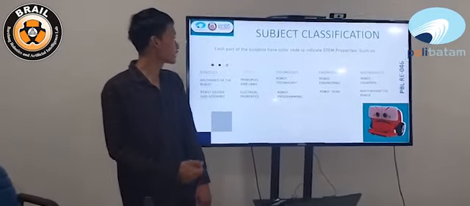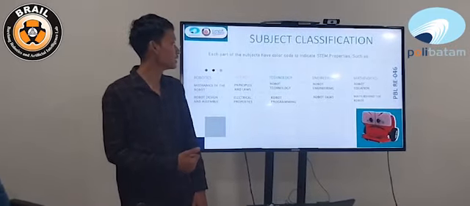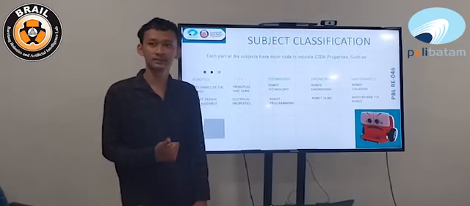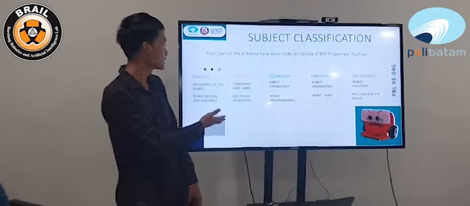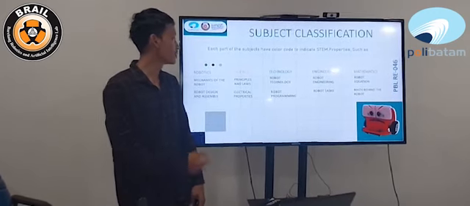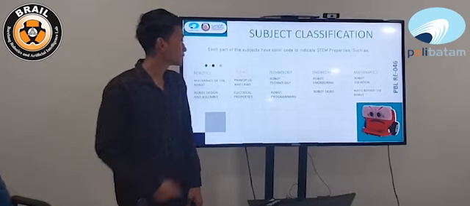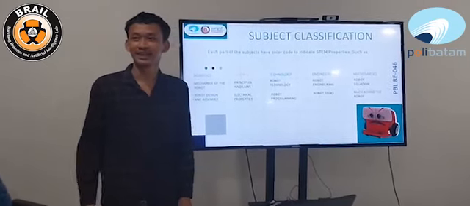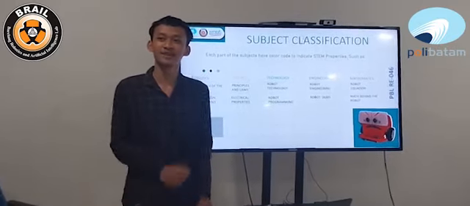Each subject is followed by STEM properties with colors: robotics in brown, science in yellow, technology in blue, engineering in green, and mathematics in purple.